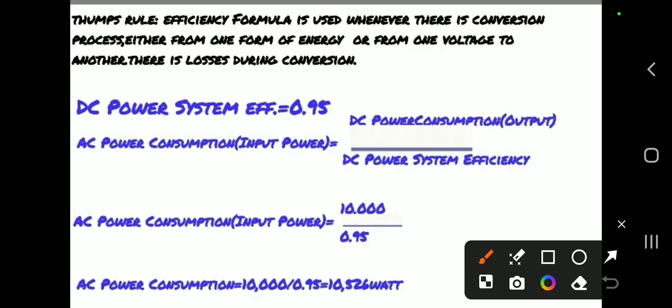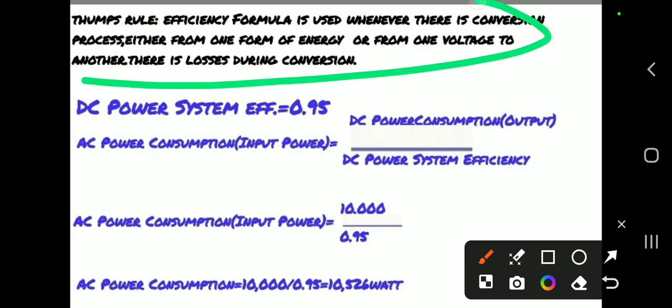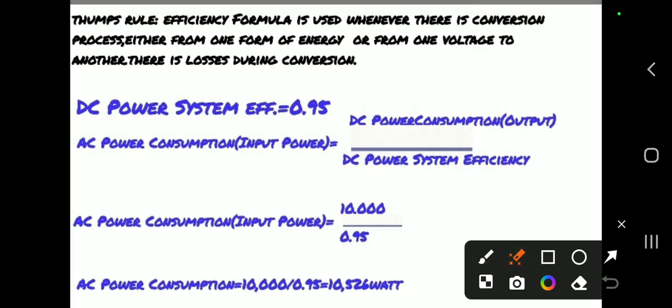It is always a thumb rule that whenever there is conversion in our calculation, we use the efficiency formula, either from one form of energy to another or from one voltage to another.